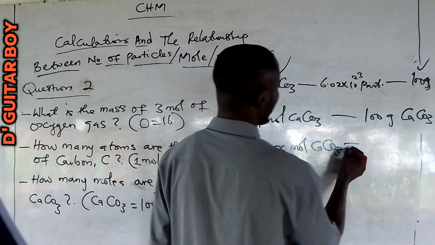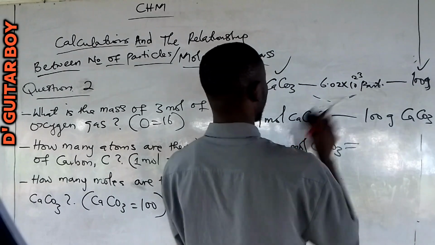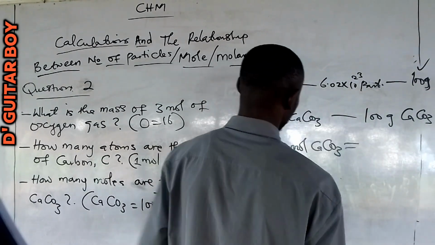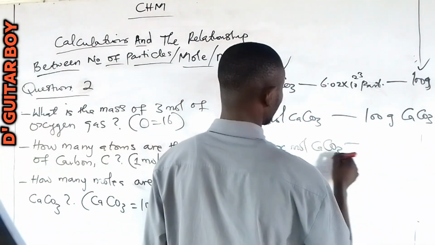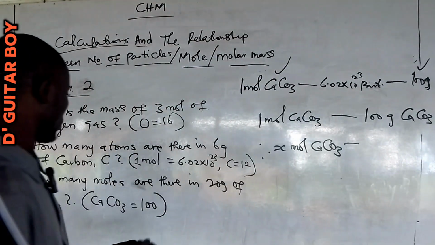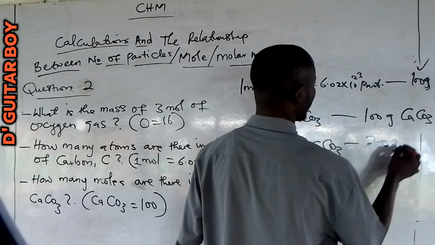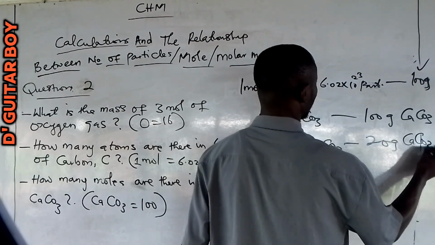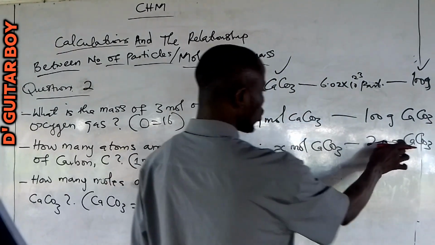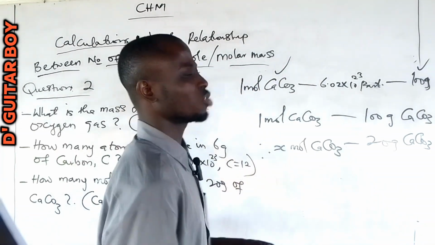S mole of calcium carbonate will give us 20 grams of calcium carbonate. We want to know how many moles we have in 20 grams of calcium carbonate.